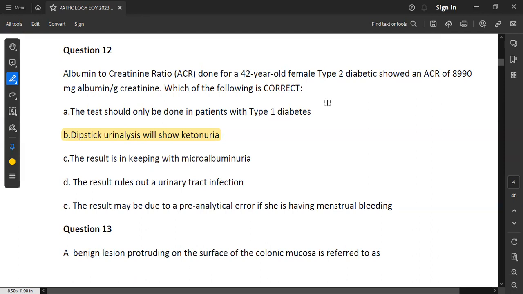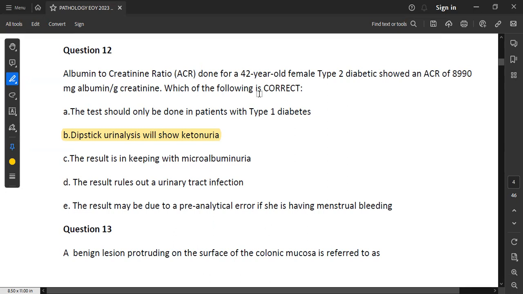Someone has asked, kindly recap on microalbuminuria. This ACR ratio is used to assess kidney function. Less than 30 is normal, so 0 to 30 is the normal range. 30 to 300 is classified as microalbuminuria.